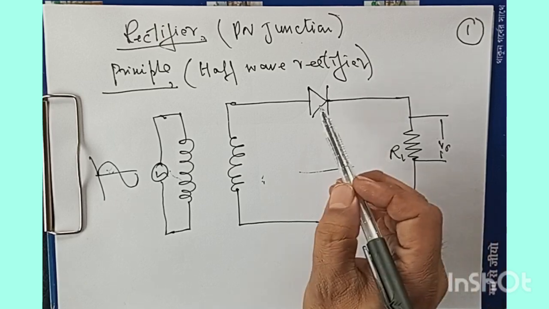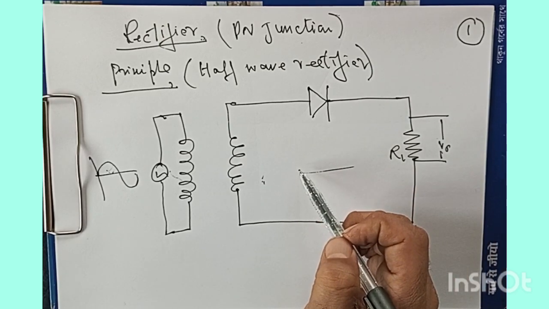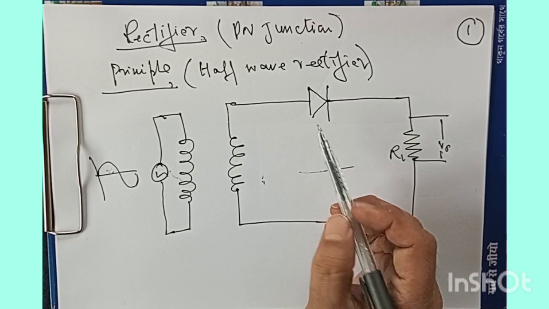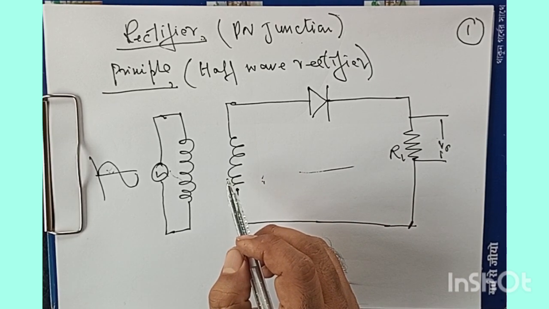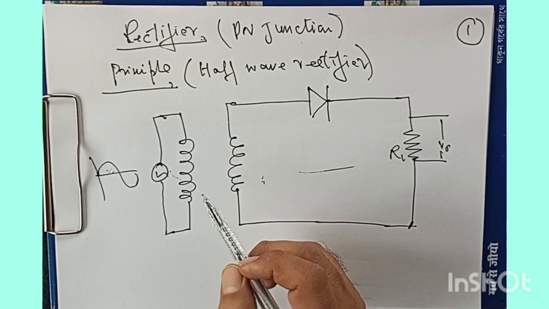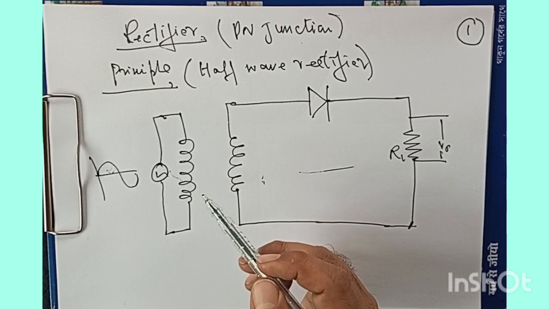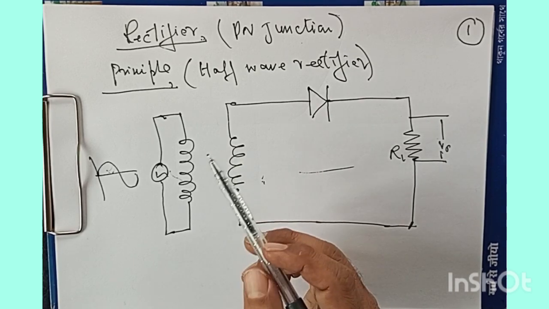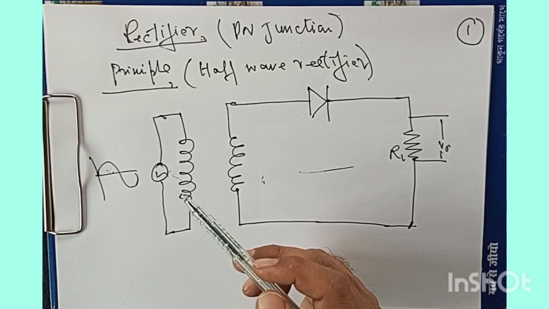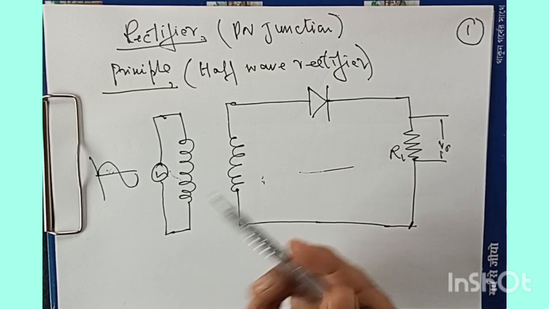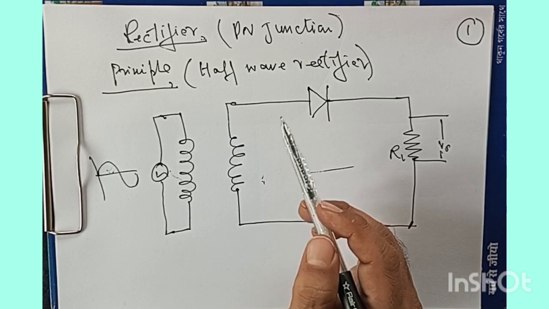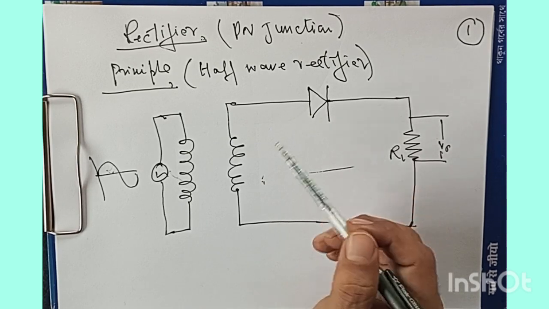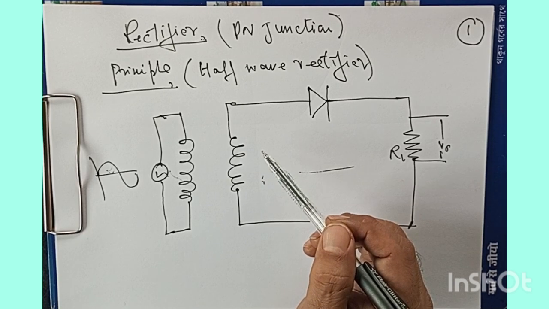This is connected to the N region of the junction diode. So the junction diode in this case is forward biased. So during the positive half cycle of the input AC, we have forward biasing of the PN junction. Thus, the junction diode conducts and current flows here in this case.